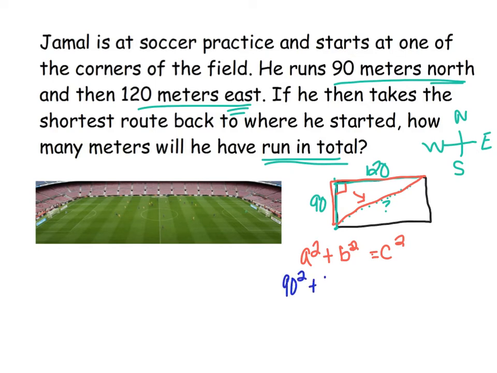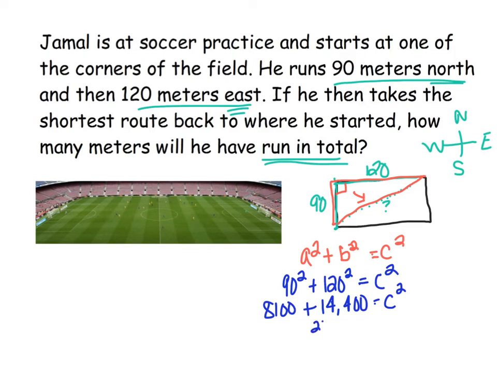So it's going to be 90 squared plus 120 squared equals c squared. So 90 squared is 8,100. 120 squared is 14,400. And that all equals c squared.